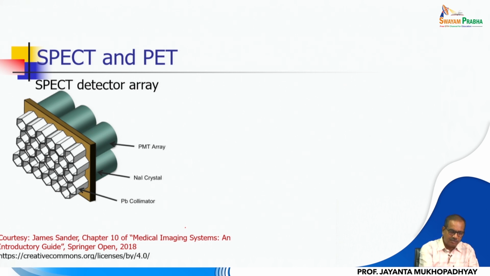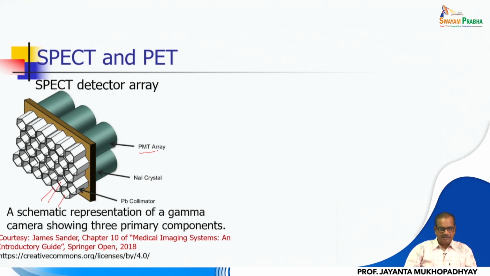You can see those are the array of collimators, because they pass the rays along that line, and there are also photomultiplier arrays, which means the signal is very weak, so you need some kind of amplification. It multiplies those photons, so then you get detection.